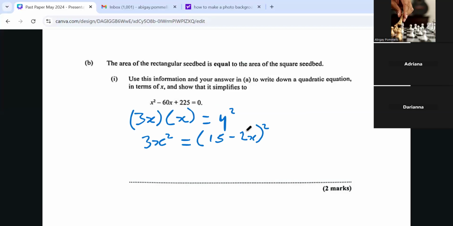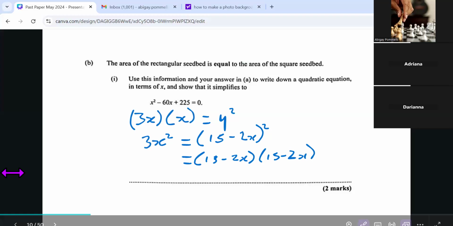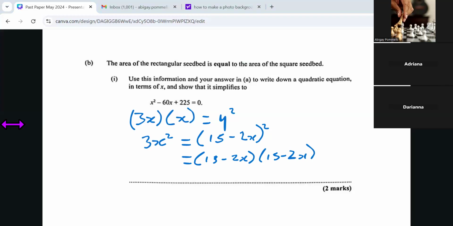All right, so we're going to start expanding the y squared. So when we expand 15 minus 2x, it looks like this. I will put it in distribution form, right? And then we start to distribute out.